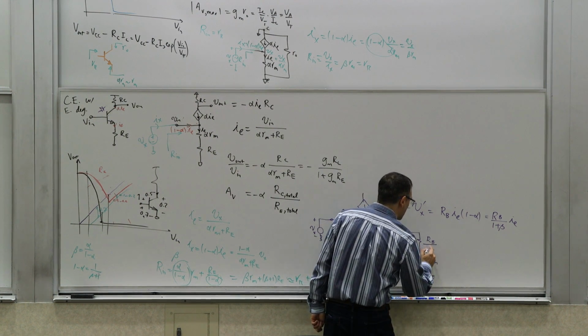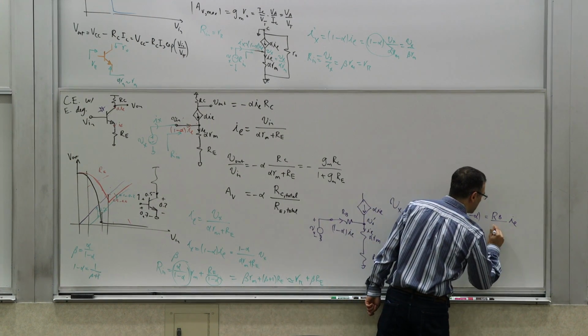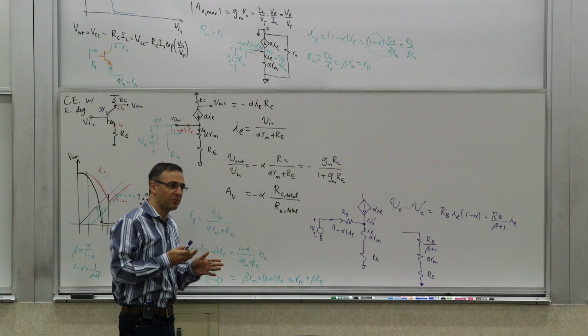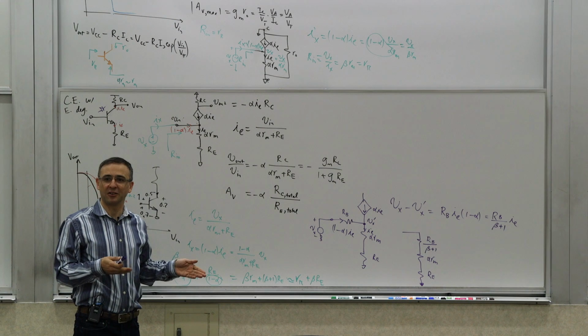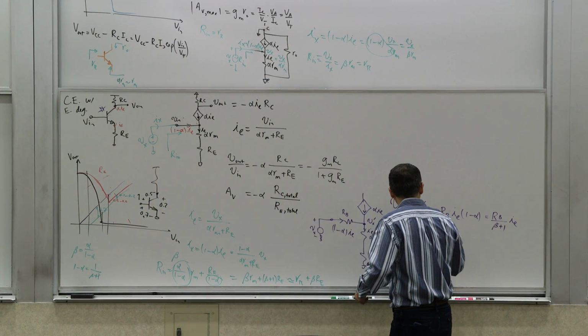I should write that, beta plus 1 there. Why is beta plus 1 better than 1 plus beta? Because it puts the primary emphasis on the beta, not 1. Right? Okay.